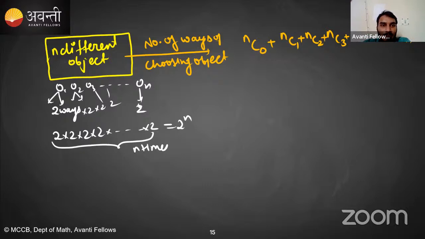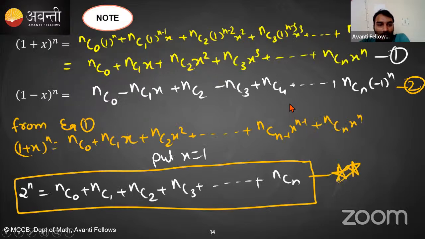So the first formula is nC0 plus nC1 plus nC2 up to nCn is equal to 2 raised to the power n. I hope no one has any doubt in this. Please let me know if you have any doubt.